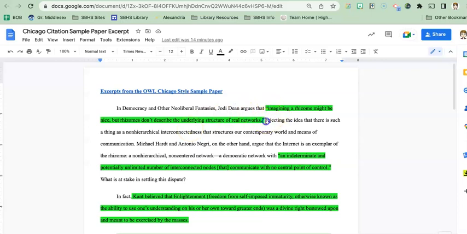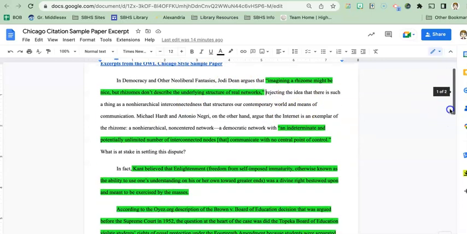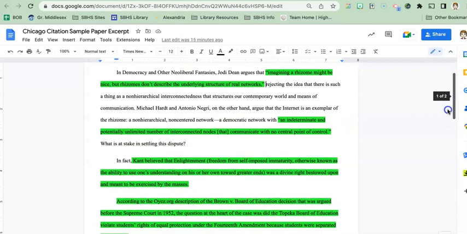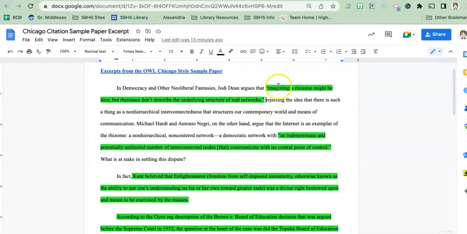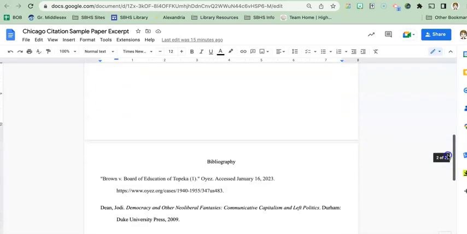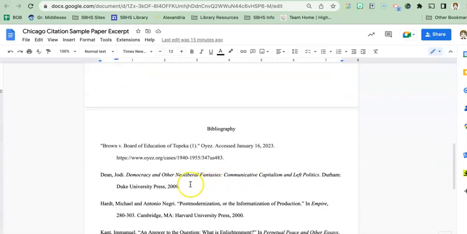So remember, if you were going to be citing this paper in MLA format, and let's look at this first green piece. This is a quote, and I know because of the text around it that it comes from this source called In Democracy, Other Neoliberal Fantasies by Jodi Dean. So I did a little bit of my homework here, and I started you a bibliography. So here's that Dean reference.